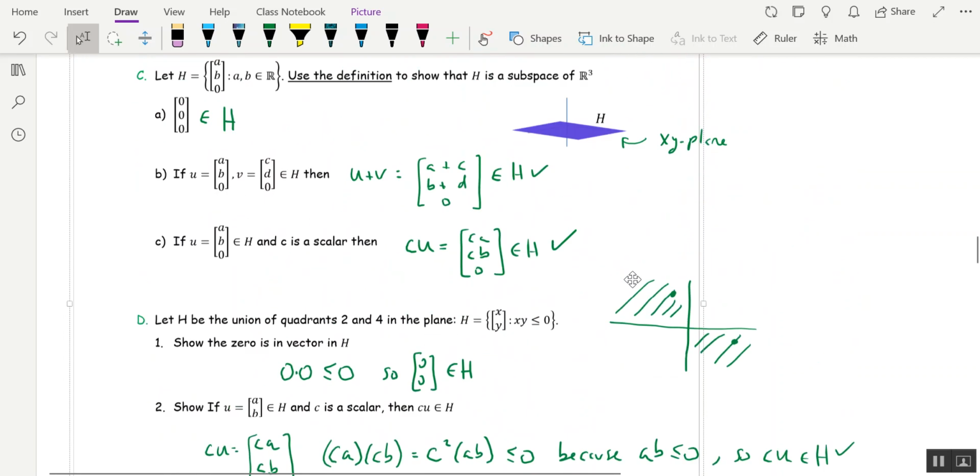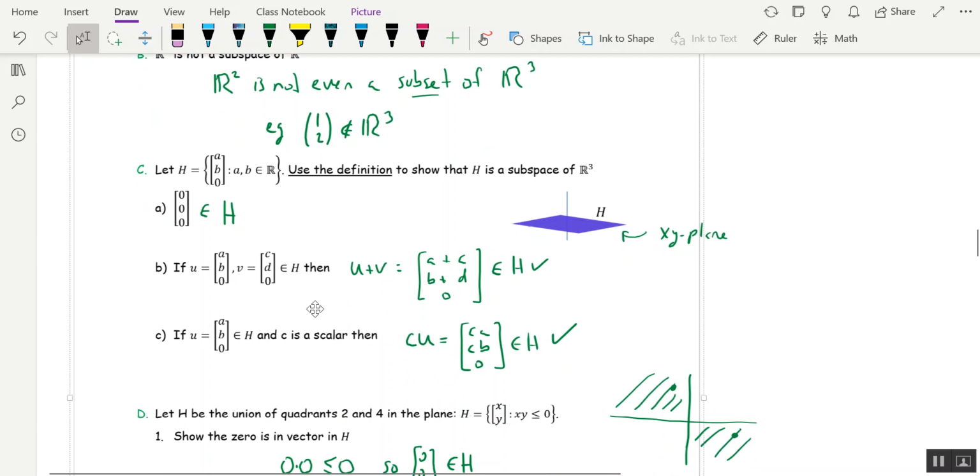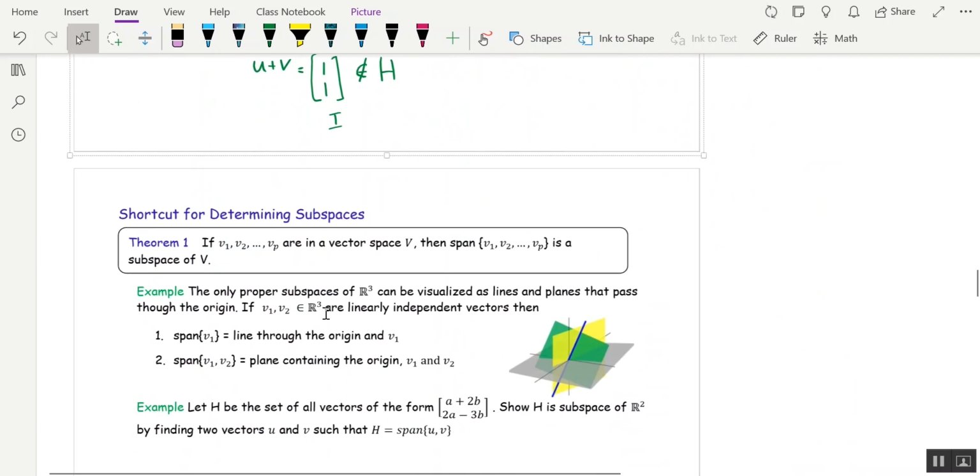Okay, so this is exhausting. To show H is a subspace seems like a very long process, you have to take generic vectors and show that their sum is in H and their scalar multiples are in H. There's a quicker way. It doesn't always work, but for the most part, if you can show that a space H is the span of a set of vectors, then it's automatically a subspace.